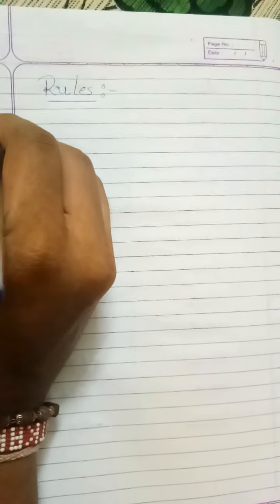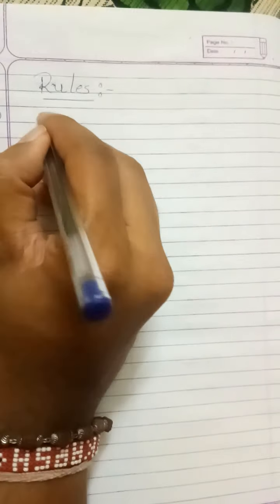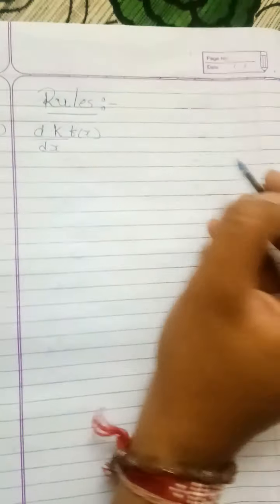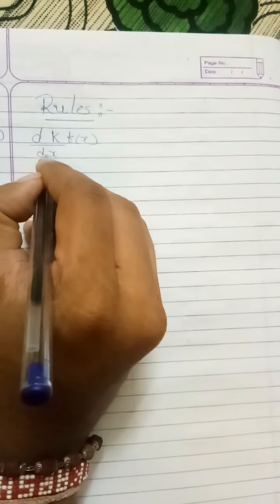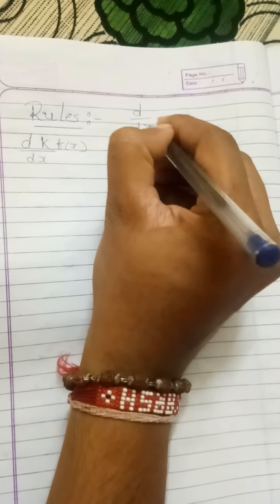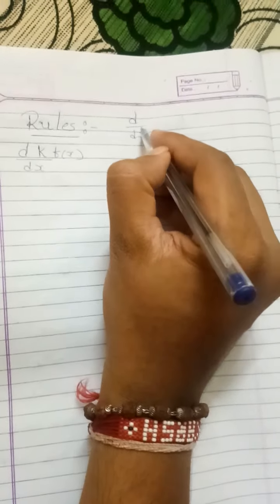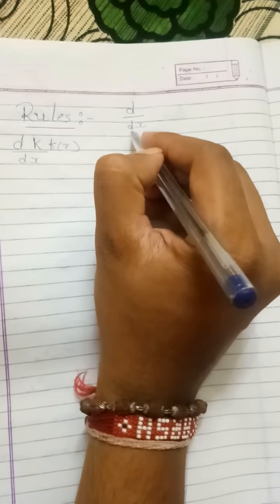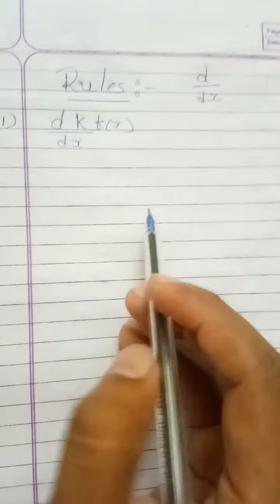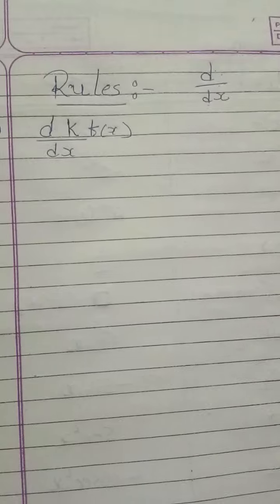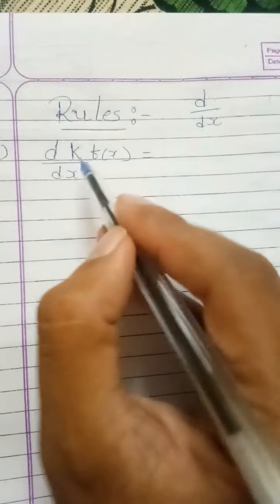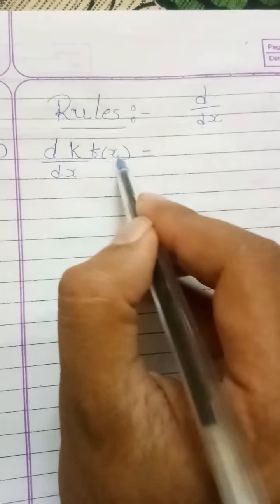Okay, first rule: if the derivation is of a function of x but it has some constant k, meaning d by dx of k into f of x.